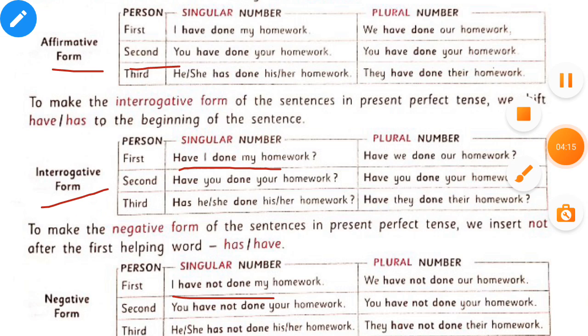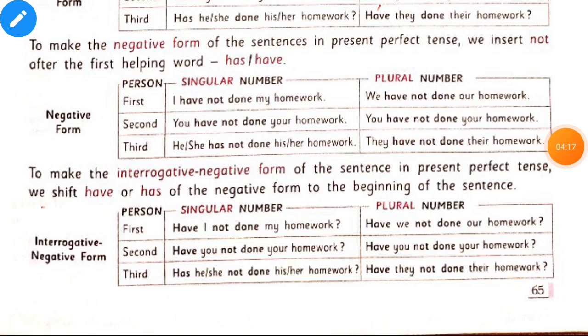Okay children, now we will learn how we make the interrogative negative form of the sentence in present perfect tense. If you want to make an interrogative negative sentence, first of all you shift has or have of the negative form to the beginning of the sentence, then subject, then not, then the third form of the verb, and then the object.